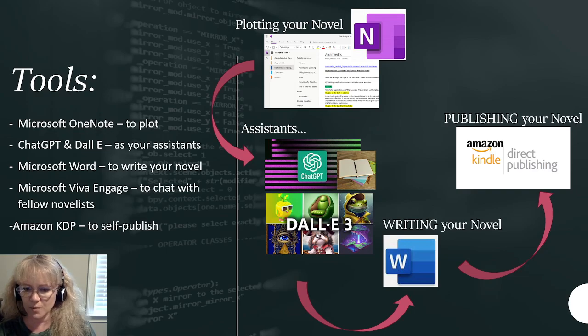I just looked it up and found out that ChatGPT 3.5 is still the free version, and I believe 4.0 is the one that has DALL-E 3. So we may have to figure out what's the best way to get free images today, and you may only get 15 a day or something like that. So you'll just have to portion it out if you're going to do the free version.